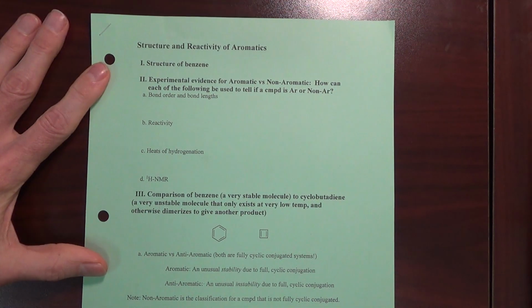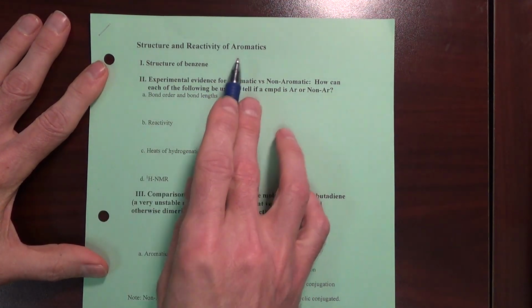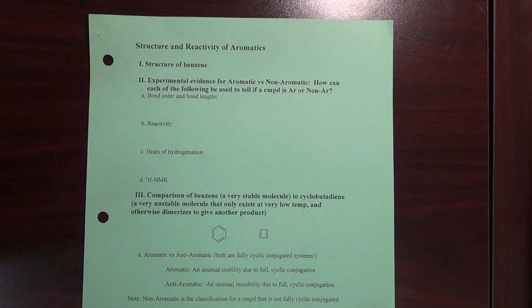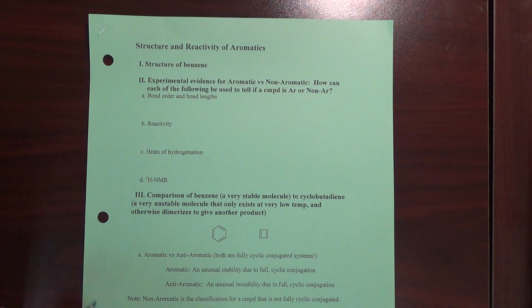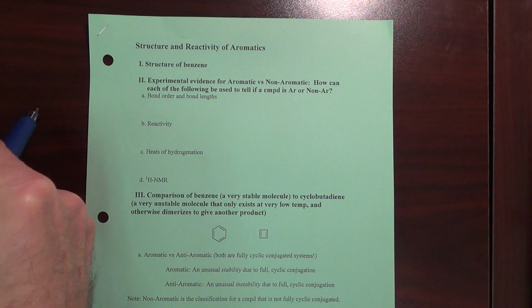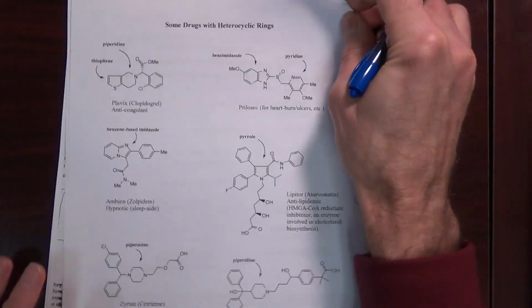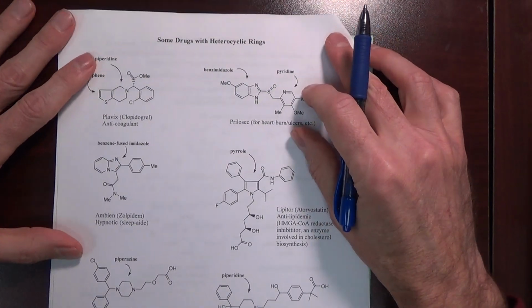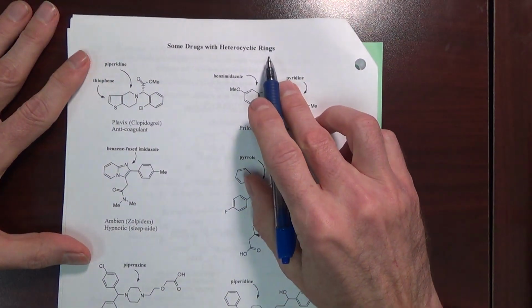We also have an outline: structure and reactivity of aromatics. Mine is green here. We will begin with the structure of benzene. And the second page in this handout shows some common drugs with heterocyclic rings.